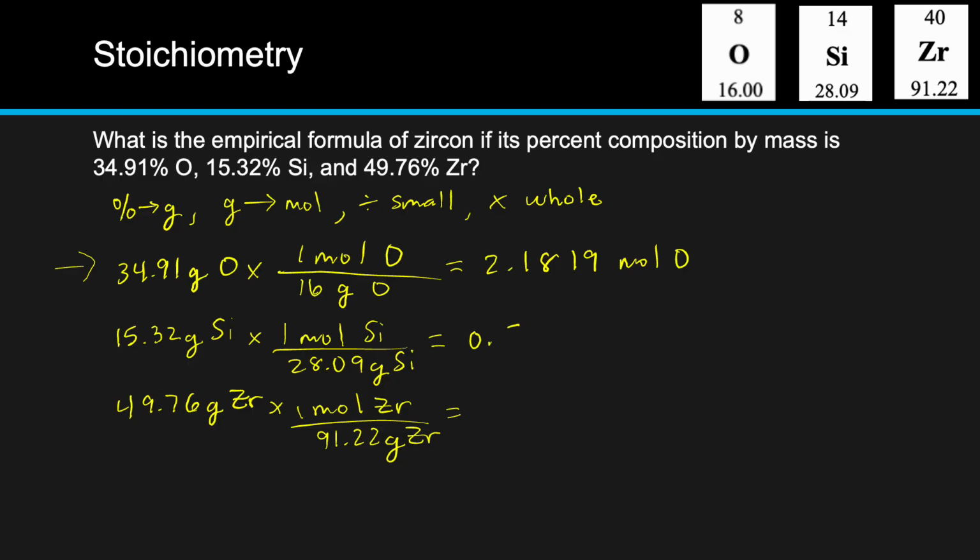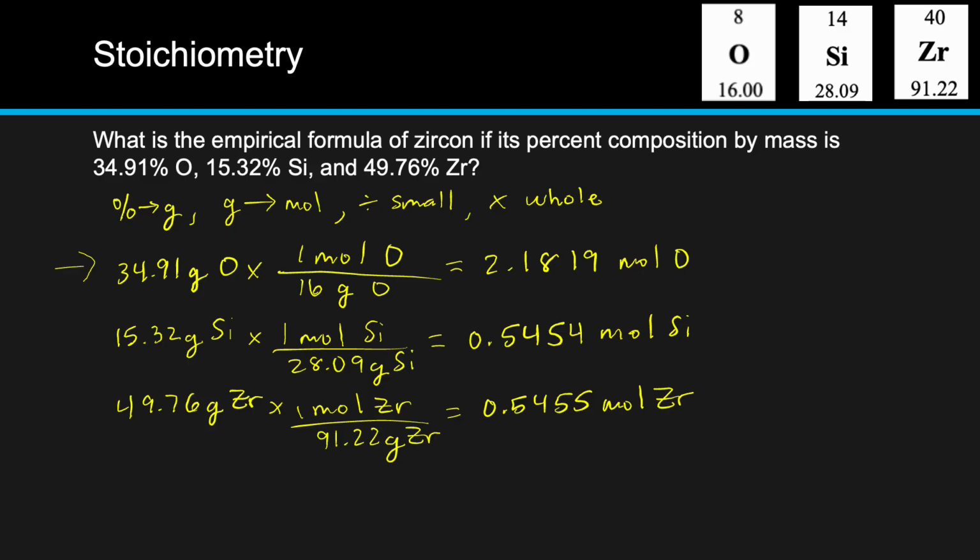That's going to give us 0.5454. And then for zirconium, we have 49.76 divided by 91.22. That's going to give us 0.5455 moles of zirconium.